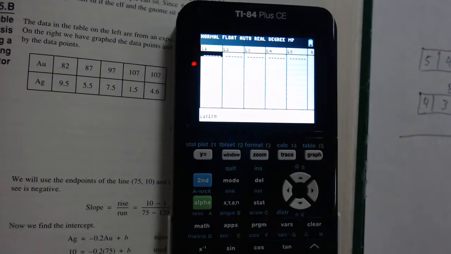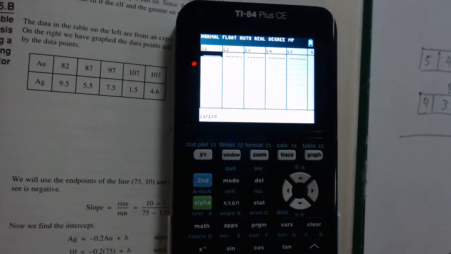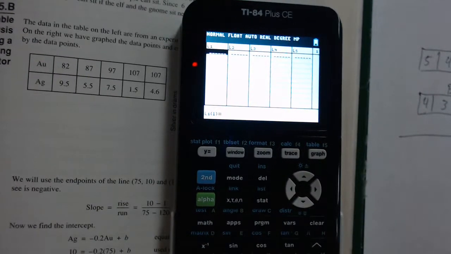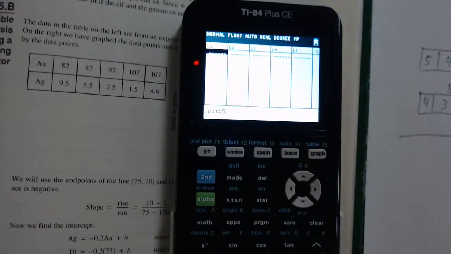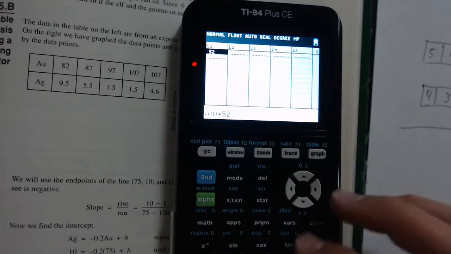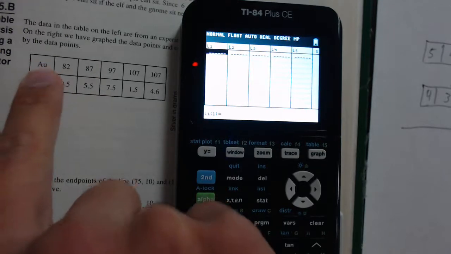There we go. So then we see we've got list 1, list 2. We've got a group of lists. I'm going to go ahead and start on list 1. If your list has data like mine did before I pulled out my calculator, you just hit the delete button. So let's say I had a bunch of old data in there from a previous problem. I'll just go to the top and then hit delete until that list is empty.